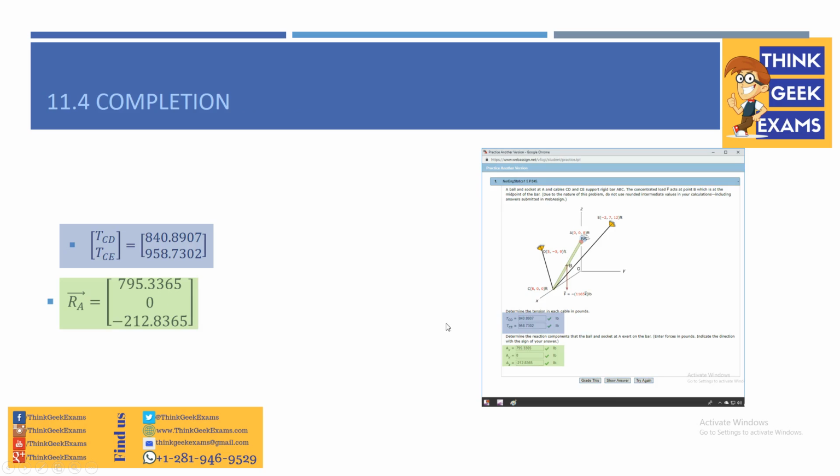The 3 coordinates are put in over here in the answer box: AX, AY, and AZ. And TCD and TCE are copied from here, and they all match up, and the answer is correct. So that ends our presentation for 11.4. See you guys for the next statics video.